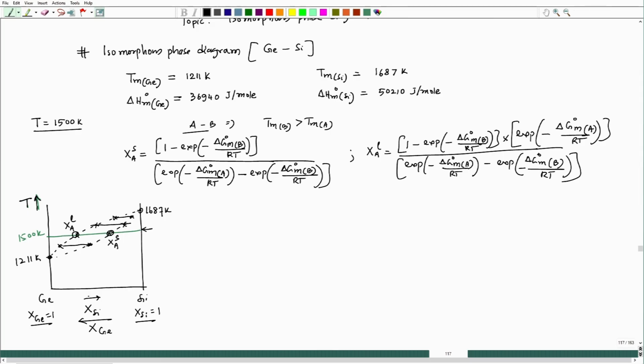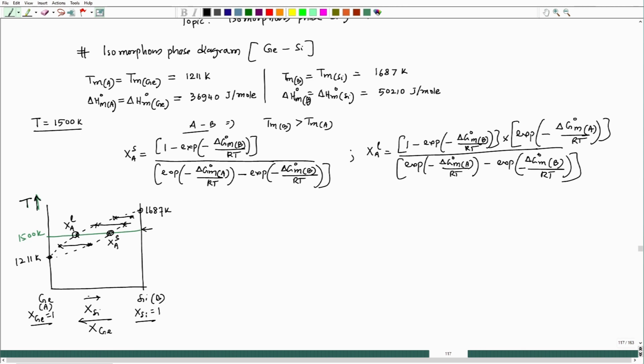Now, if we see A and B, the melting point of B is greater than the melting point of A. So, silicon can be considered as T M B, and this can be considered as T M A, and here also del H naught M A, and this one would be del H naught M B. So, silicon would be B and germanium would be A. Then everything falls in place.